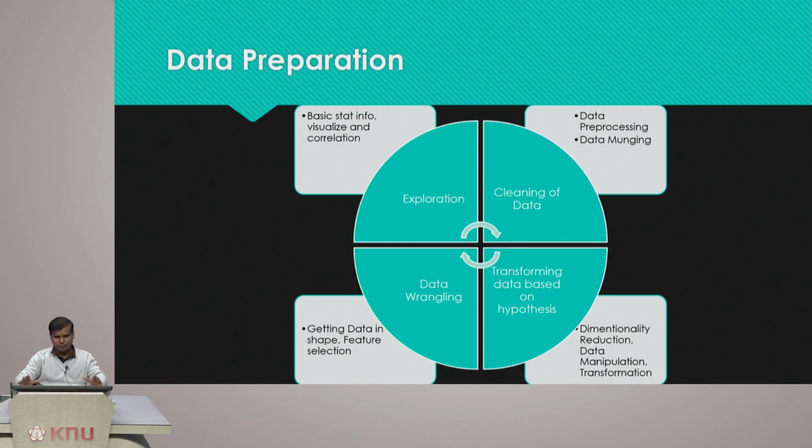Yes, this whole data pre-processing step involves exploration, cleaning of data, and transforming, and the whole thing is kind of data wrangling. In other words, you are organizing the data, making the data in the right shape. Even feature extraction or feature selection might be a good tool for us in organizing the data.